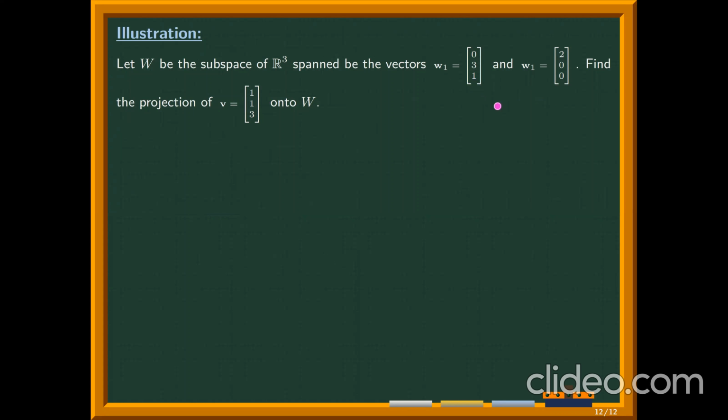So they form a basis for W, but this is not an orthonormal basis, although they are orthogonal. The dot product of (0, 3, 1) with (2, 0, 0) is 0. So they are orthogonal, but they are not unit vectors.